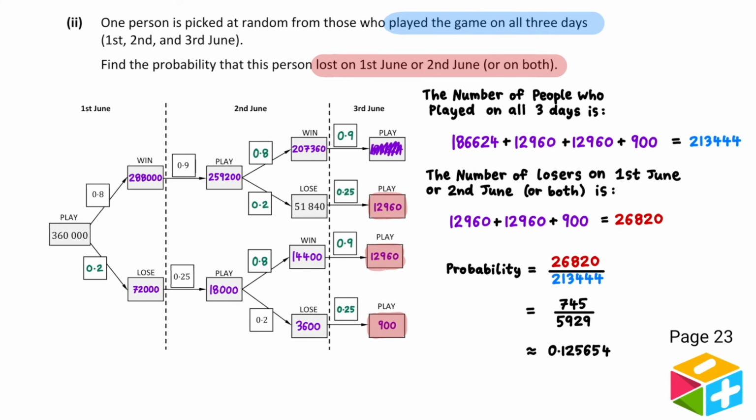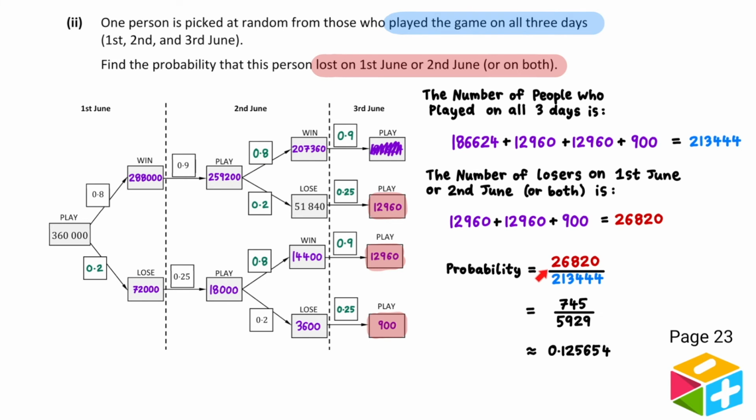To find the total number of people who lost on the 1st of June, 2nd of June, or both, we must add together the numbers from these three boxes. 12,960 plus 12,960 plus 900. This gives us 26,820. To find the probability of picking such a person, we must divide this number by the total number of people who played on the 3 days.